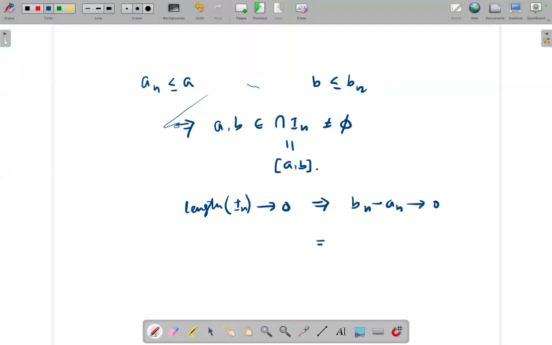So remember, A and B are sandwiched between A and B. So we can, intuitively at least, easily show also that A equals B. So that means if the length of the INs goes to 0, we can show that this intersection is in fact a singleton.